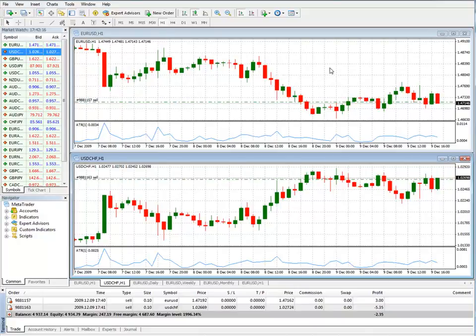Now we know that there is no currency pair known as the euro dollar, US dollar, Swiss franc. It wouldn't be a pair, it'd be a quad. So, but that is what we actually have trading here. Basically this price movement here is the price movement of our synthetic security.